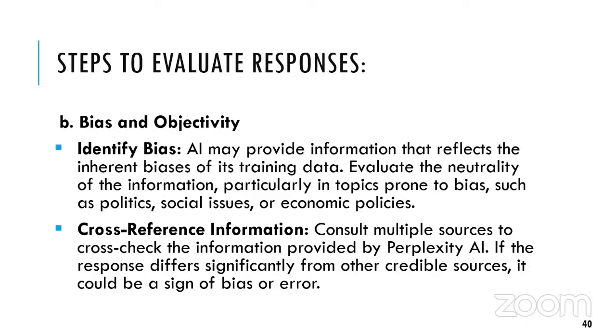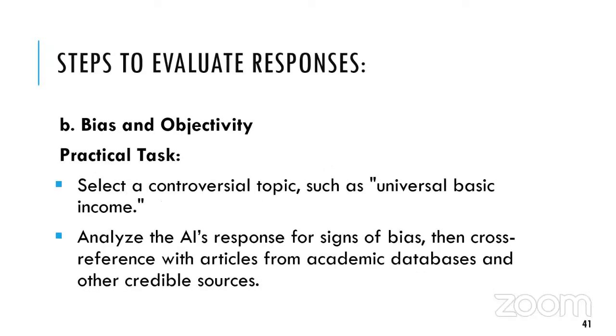Cross-referencing information: consult multiple sources to cross-check the information provided by Perplexity AI. Well, it has done it for you, but still go a step further and check for more sources. If the response differs significantly from other credible sources, it could be a sign of bias or error.